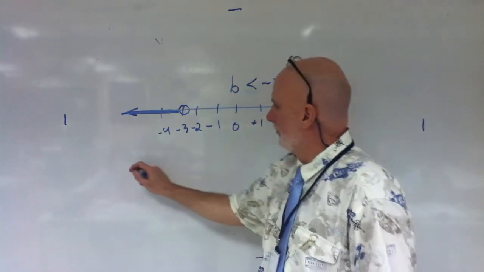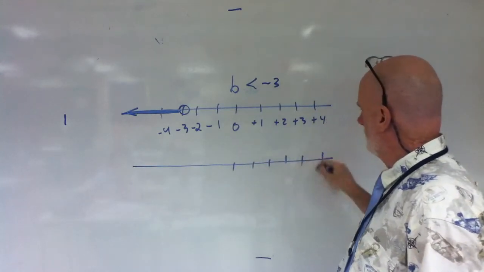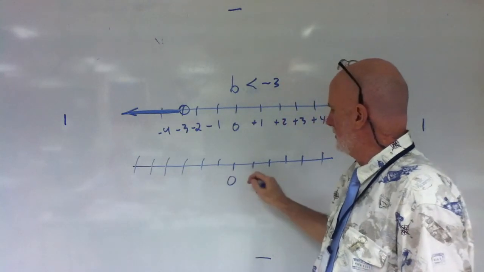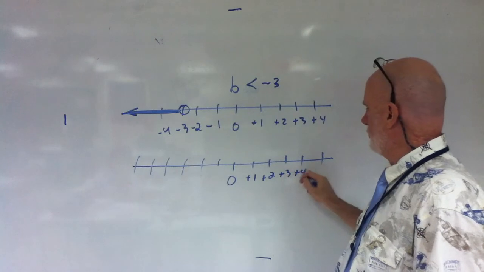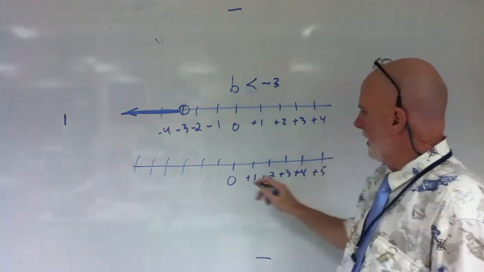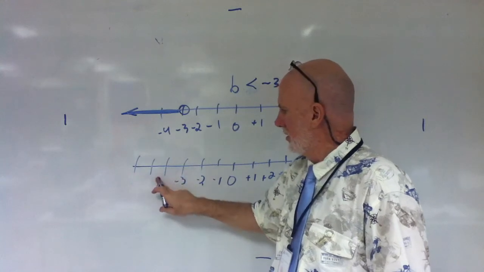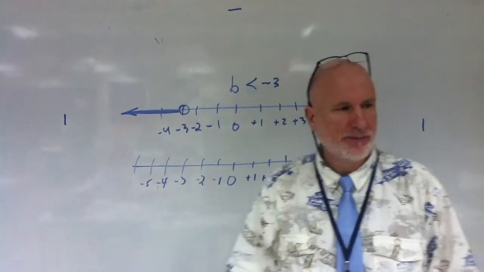Let's do another one. That's 0, +1, +2, +3, +4, +5, and then -1, -2, -3, -4, -5. Okay.